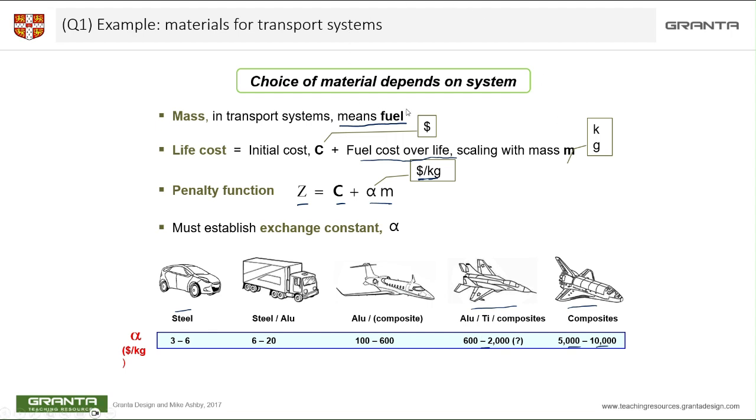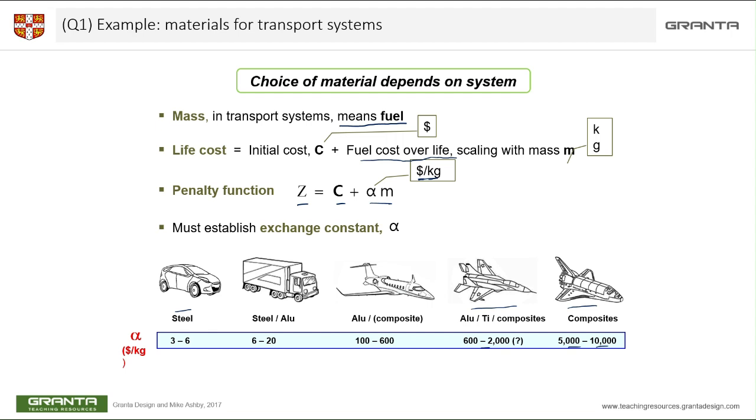Whenever we talk about mass savings from the point of view of transport systems, there are two things that we are thinking of. One is the actual reduction of the physical mass of the vehicle, but then there is also a fuel cost associated with that vehicle, right?